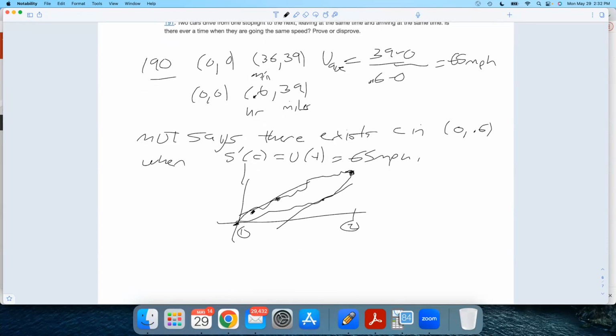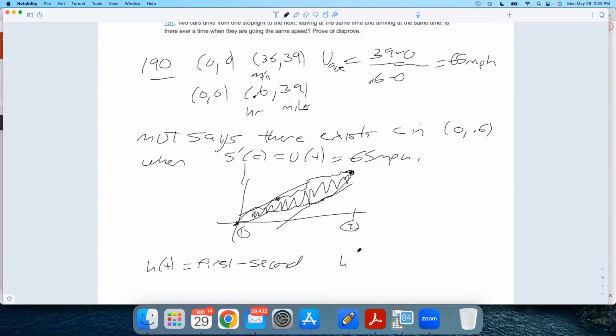We've got to define a new function, h of t, which is the top minus the bottom, or let's call it first minus second, the difference between these two. So this h is measuring this distance here.